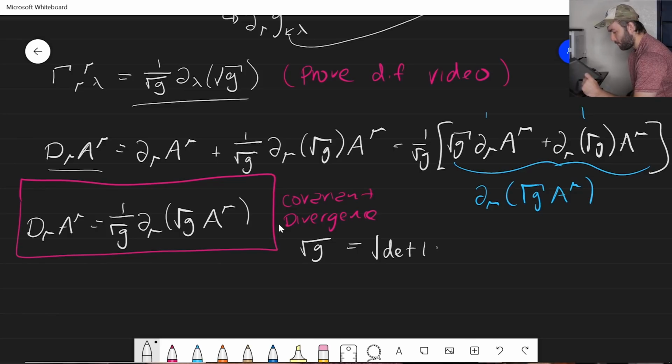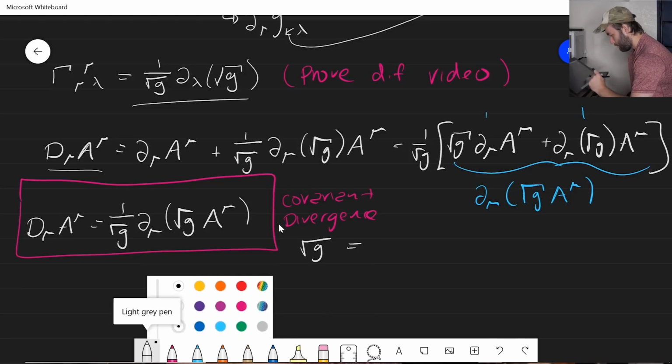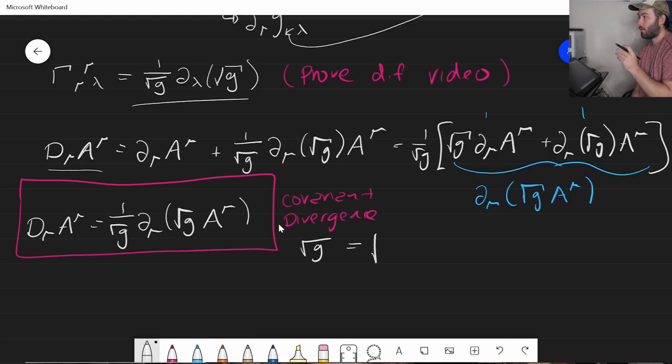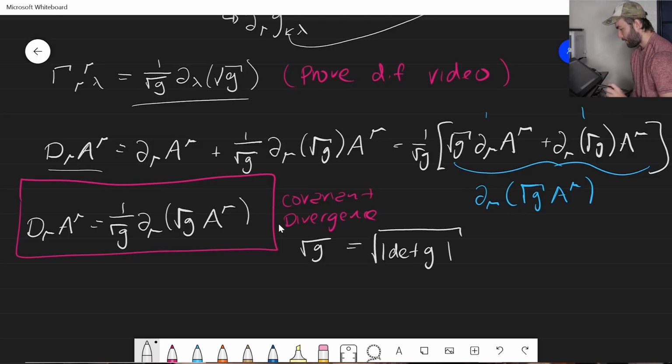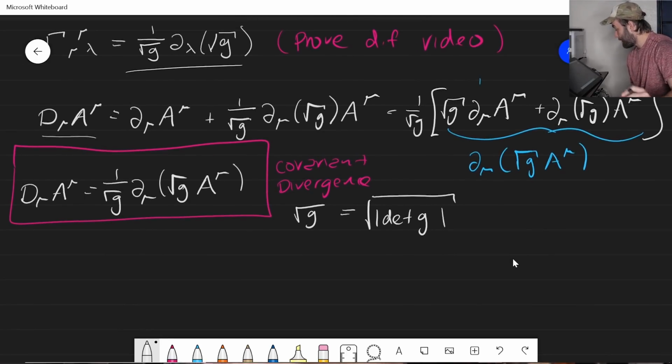And in principle, for spaces where that determinant is negative, you'll see a little absolute value here. So it's like the absolute value of the determinant of the metric g. I think I've specified that in a previous video, but just for completeness. Cool, so that's it. That's the expression for the covariant divergence.